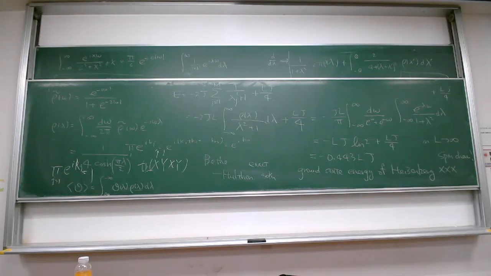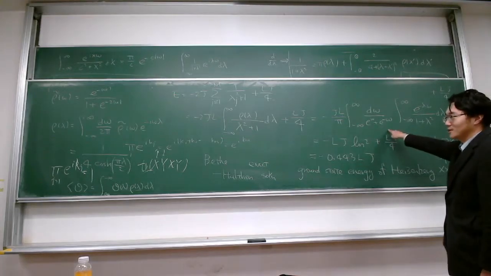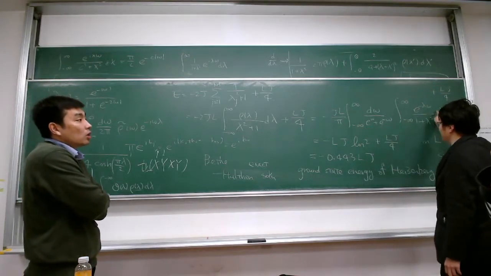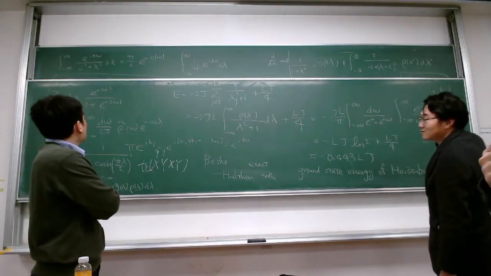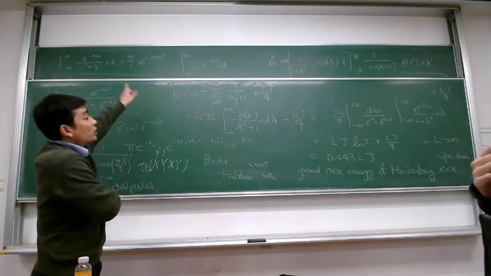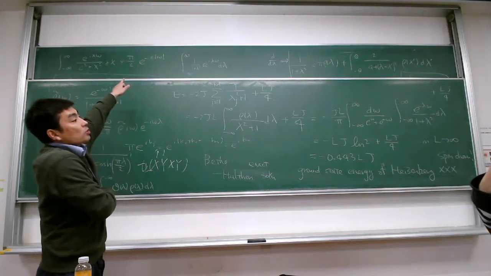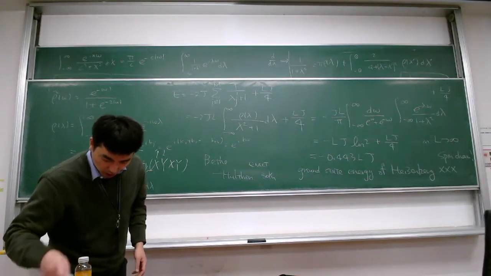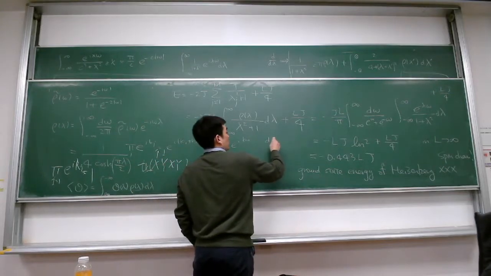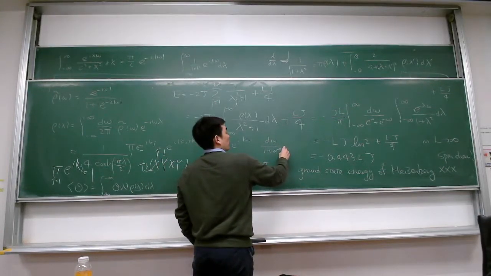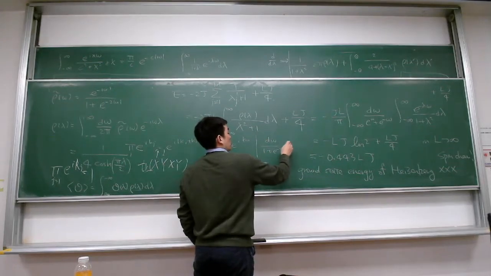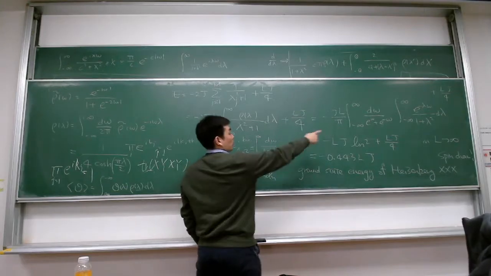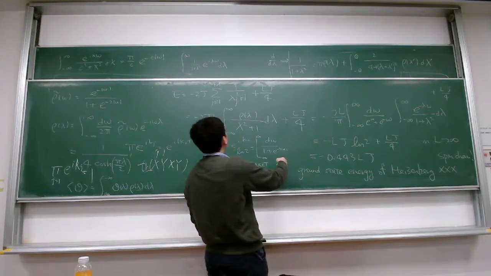Did you do a Fourier transformation here? Huh? Did you do a Fourier transformation here? Yeah, I think you need to do the Fourier transformation. And to get this one, you can use the Fourier transformation on this one. And then again, if you use, I think, d omega over 1 plus e to the minus 2 omega is equal to log 2. If you do the Fourier transformation, you get this integral.